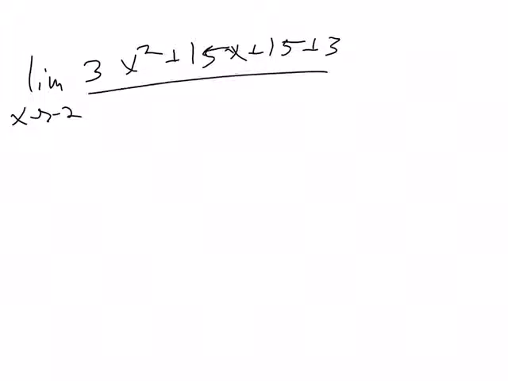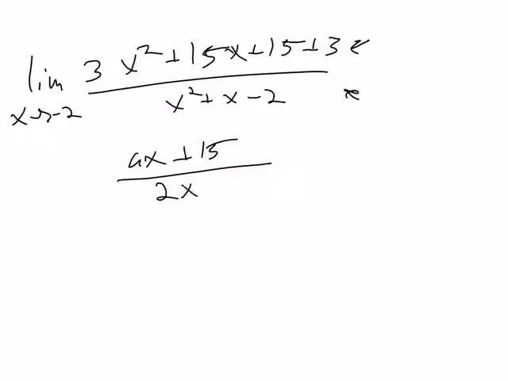So what's the limit? We're looking for the limit as x goes to negative 2 of 3x squared plus 15x plus 15 plus 3 over x squared plus x minus 2. If you know L'Hopital's rule, you take the derivative of the numerator and denominator. So this is going to be 6x plus 15 over 2x plus 1. Do we do it again?